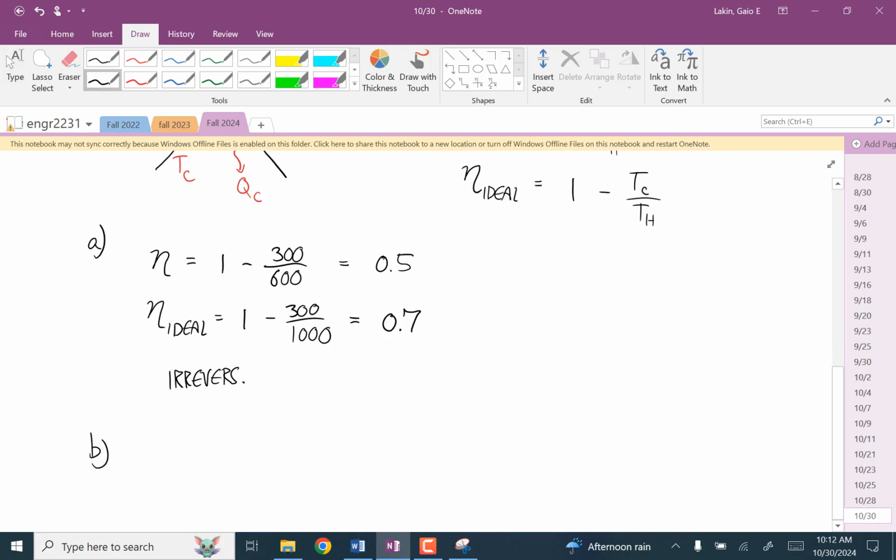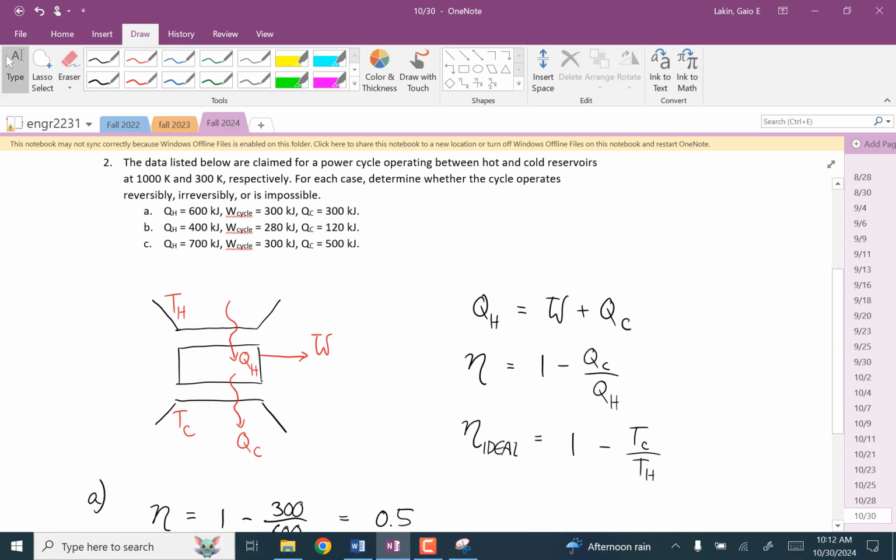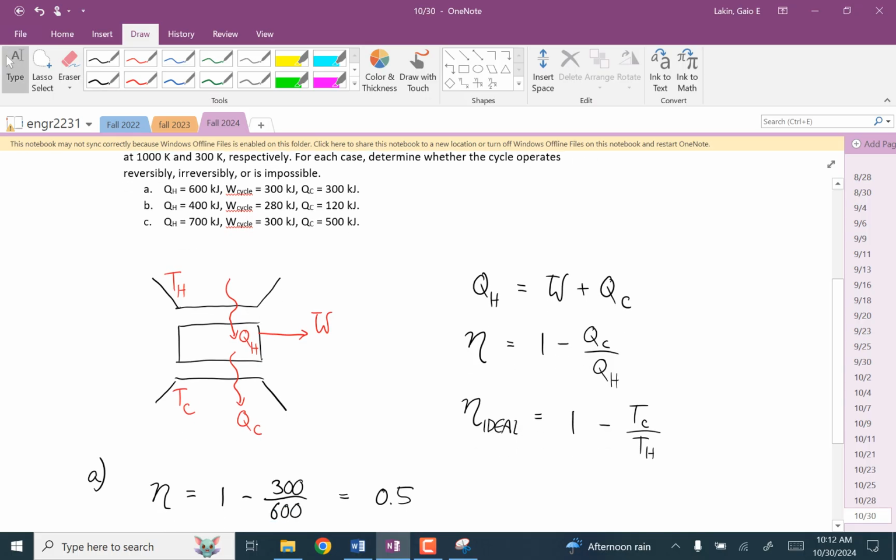I don't think there's much more to it than that on any of these. Sometimes you might have to use the first law equation, QH equals W plus QC. For the second one, QH is given, the work is given, QC is given. You can also use the first law to verify whether it's possible.